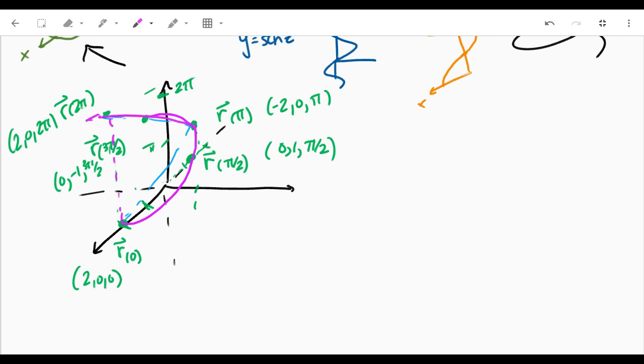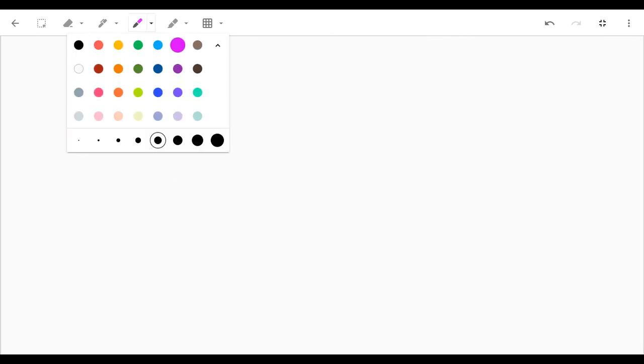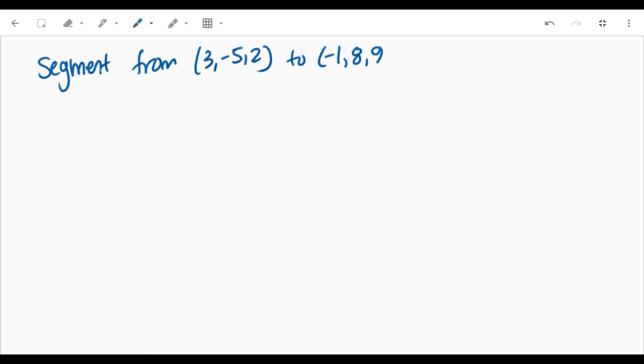Let's see, I'm going to do one more, and then I'll stop and change it to a second video here. The last one is, sometimes you have to come up with the vector function, not often, and not for anything that's too difficult, and this is just from 10.5 again. You have a segment from (3, -5, 2) to (-1, 8, 9).